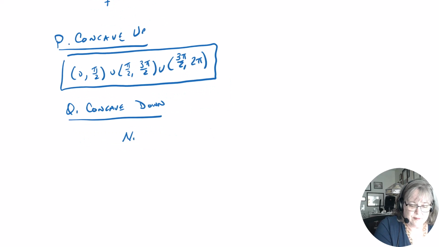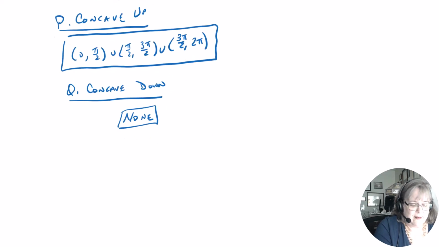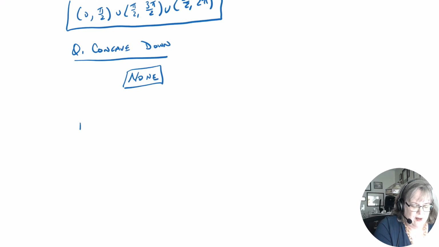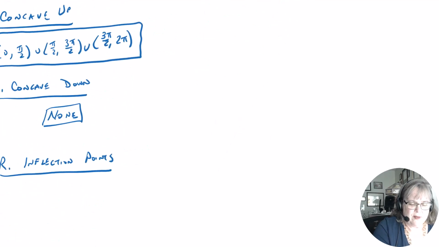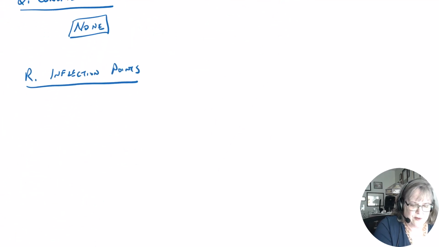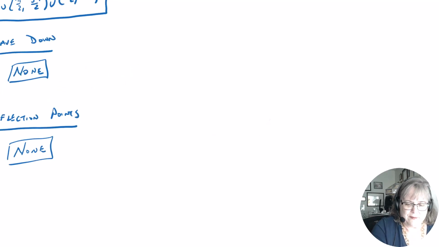Nowhere. So you could say nowhere. You could say none, NA, whatever you want to say. And where are their inflection points? Well, since it is always concave up, it doesn't switch over, so there are none. Okay, now all we have to do is remember to graph it.